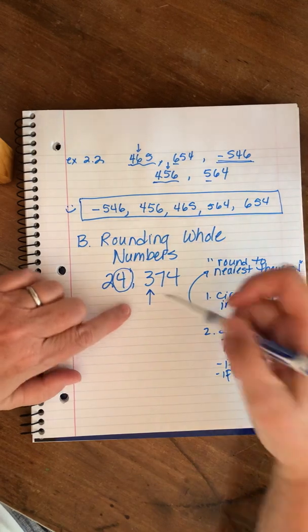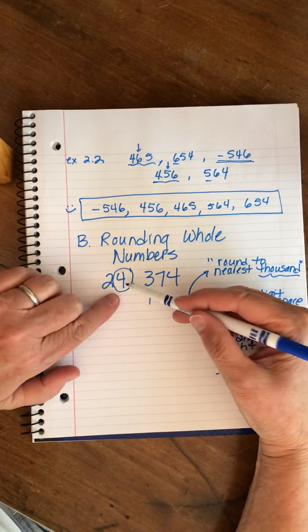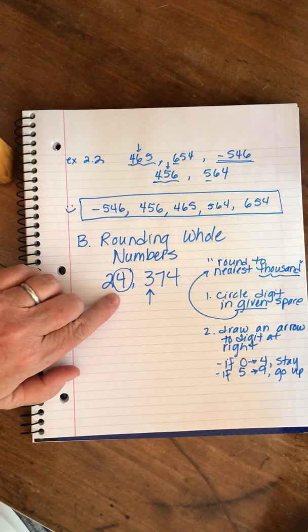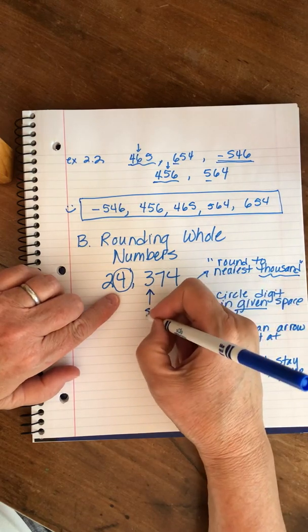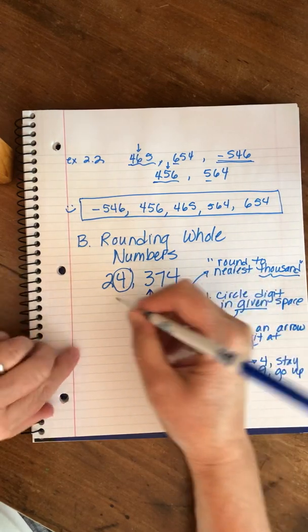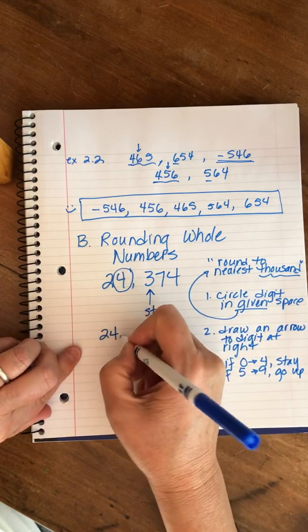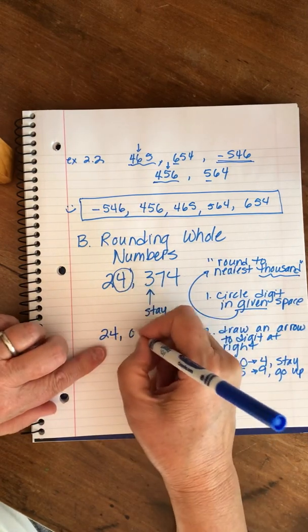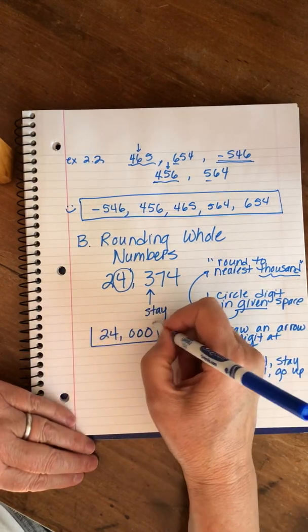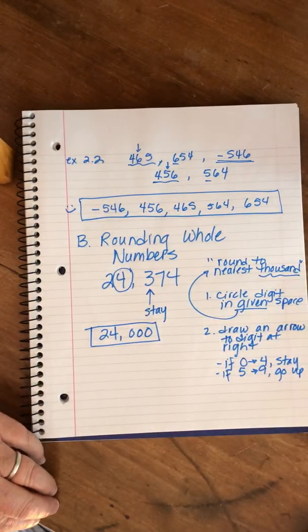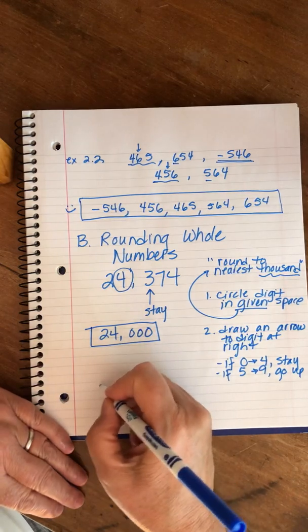All right? So this digit tells us how to round this number. Okay, so this is 3, so this tells us to stay. So we round this number to 24, we leave it at 24, and then everything else turns to 0. So that's our rounded number. Okay? Let's take the same number.